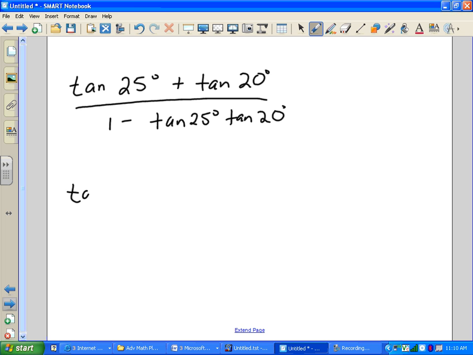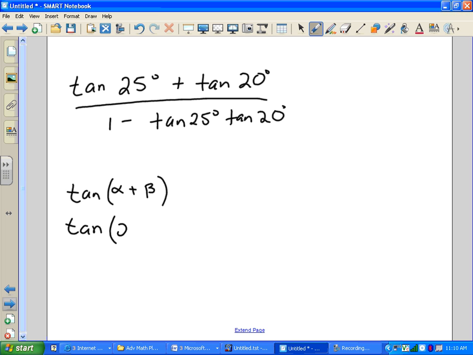So it's the tangent of A plus B. And, you know, I'm using A plus B. We automatically get used to doing this because this is the way it'll show it in the homework, alpha plus beta. Okay, instead of A plus B, they'll use alpha and beta. All right, now, so what's my alpha and what's my beta here? 25 and 20, right?